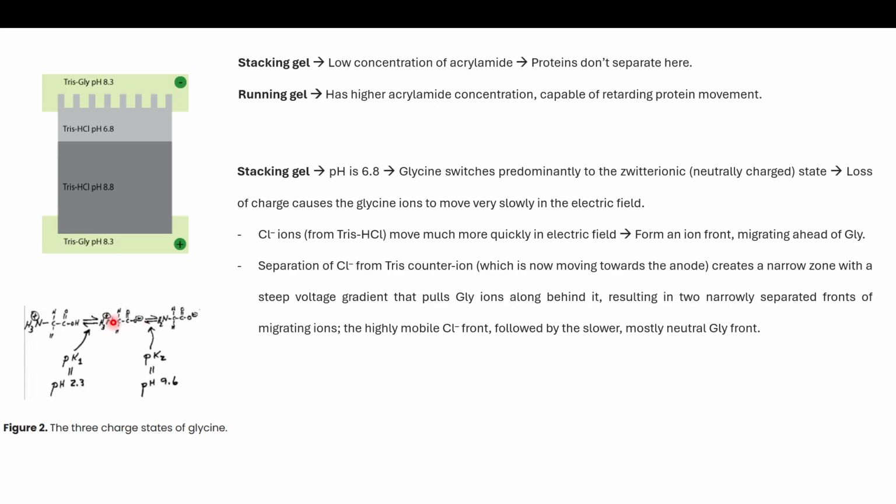They will move only due to the dragging force of other molecules moving ahead of or above them, which helps move the glycine down. Other than that, this neutral molecule won't have any preference towards the positive electrode. Now, this is Tris Cl.